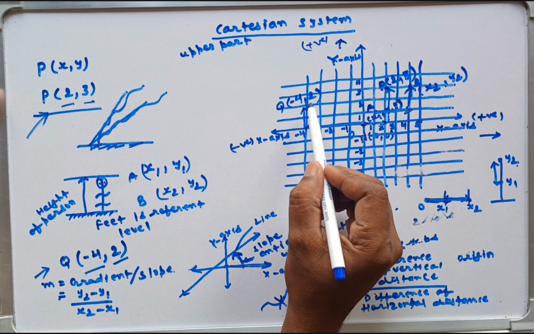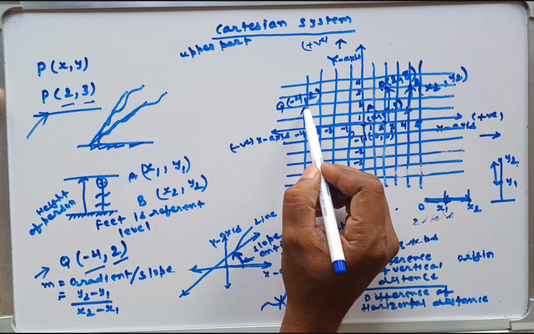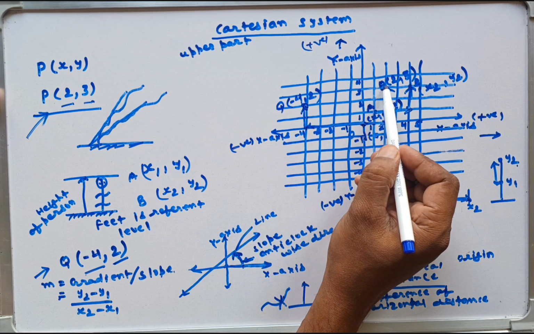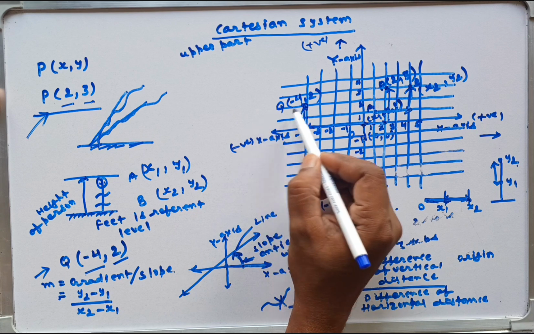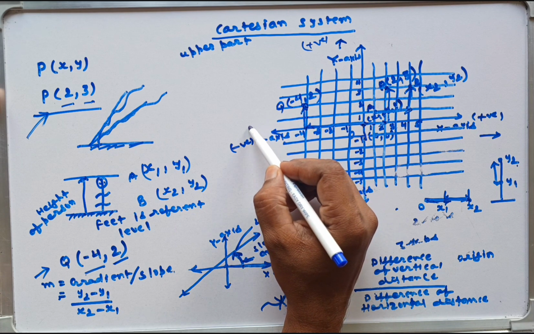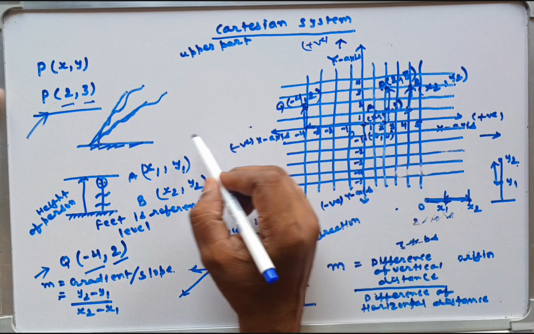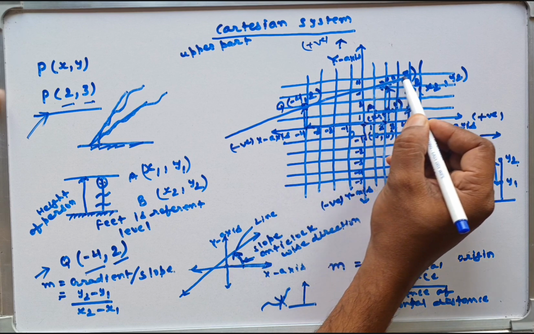See, this is point Q here, and point P is here. If we draw a straight line passing through these two points, it will be like this.